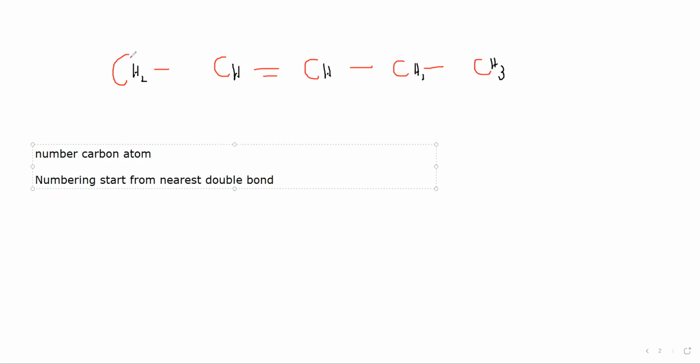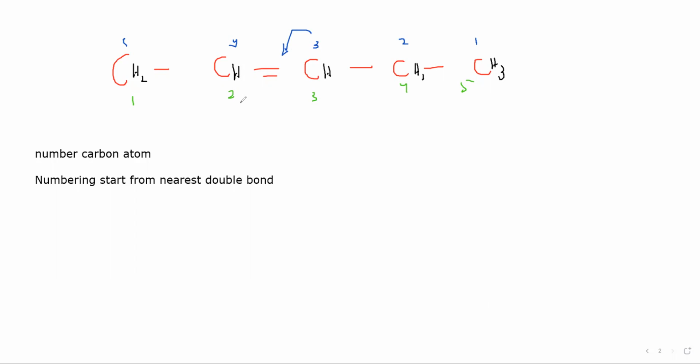If I count from the right hand side, it is 1, 2, 3, 4, 5. So between 3 and 4 is a double bond, but we take the smallest number, so 3. But if I count from left hand side, it is 1, 2, 3, 4, 5. Between second and third carbon, there is a double bond.